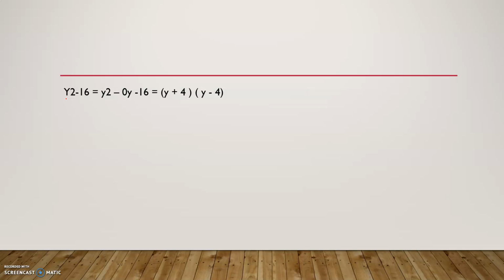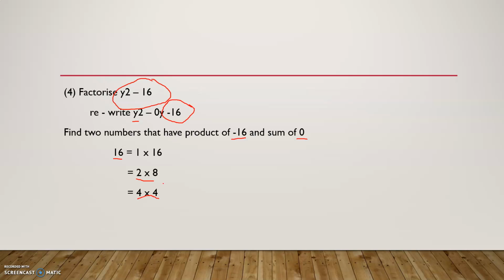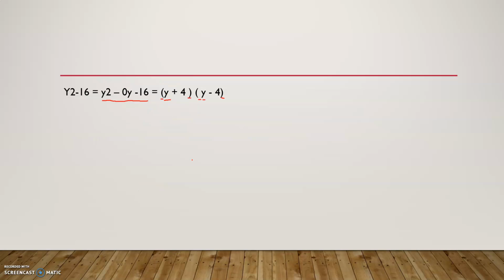So we put y squared minus 16 equals these terms, and again we need two sets of brackets. One there, one here. And we need two y's, so we put y there, and then we use these two numbers, 4 and 4, which would give me 16.